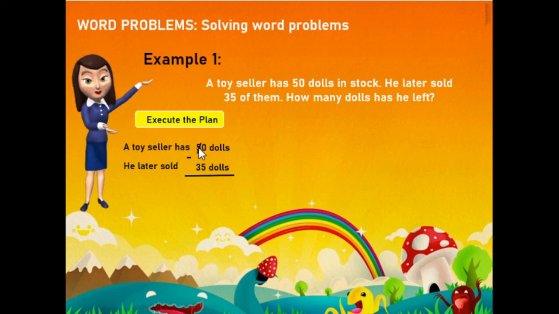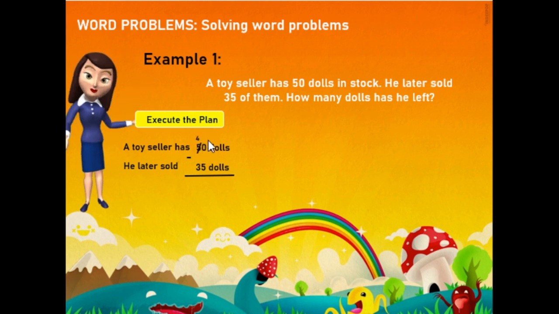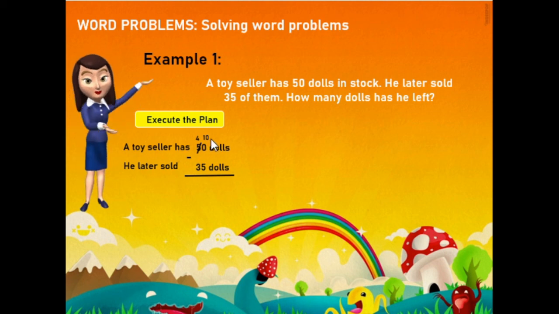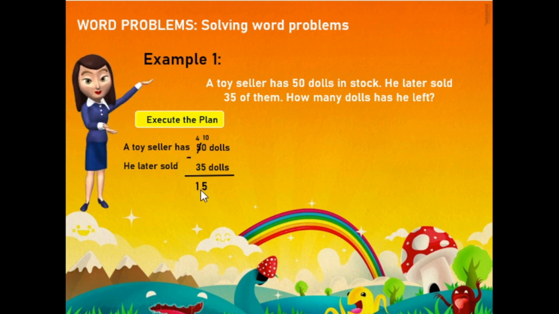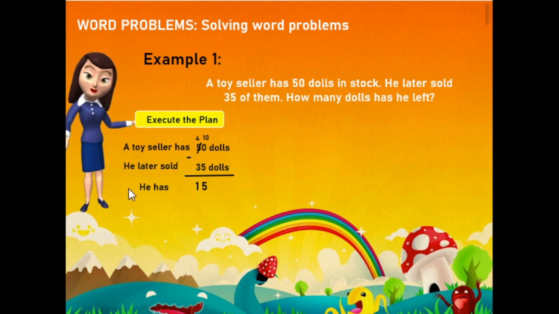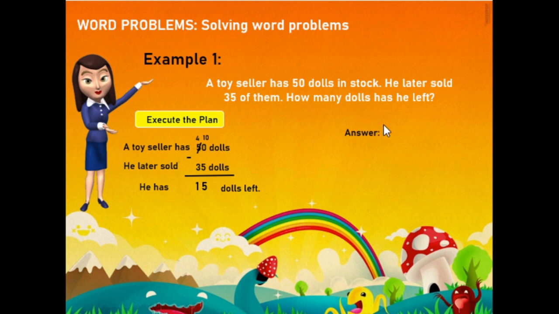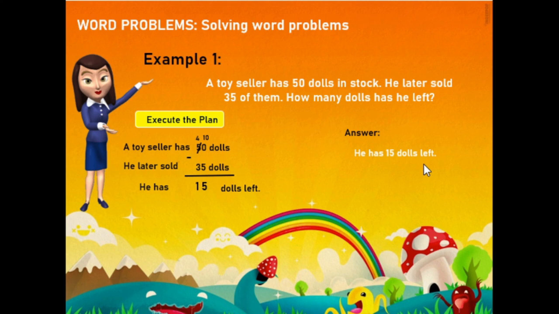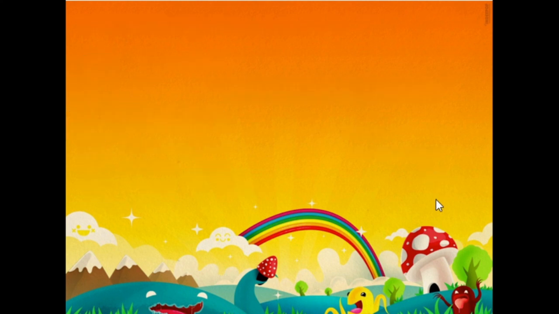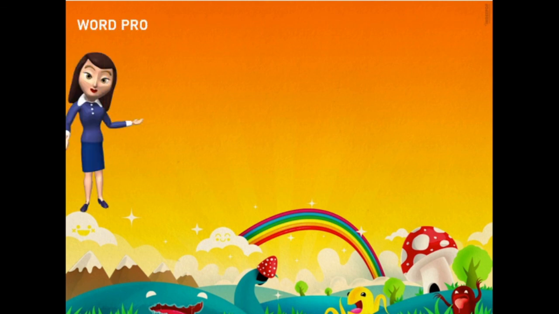Borrow 1 from 5. 5 becomes 4. 0 becomes 10. 10 minus 5 equals 5. 4 minus 3 equals 1. He has 15 dolls left. Answer: he has 15 dolls left. That is our third step.